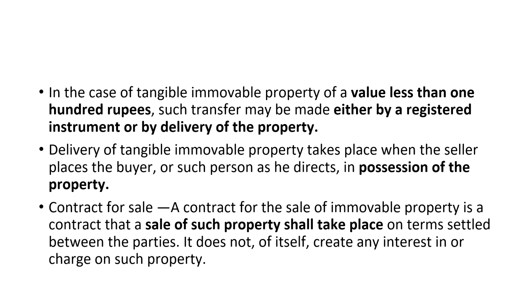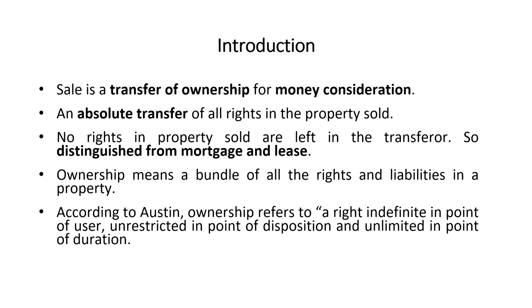A contract for sale of immovable property is a contract that a sale of such property shall take place on terms settled between the parties. It does not of itself create any interest in or charge on such property. Now I am going to elaborate on all these provisions one by one.